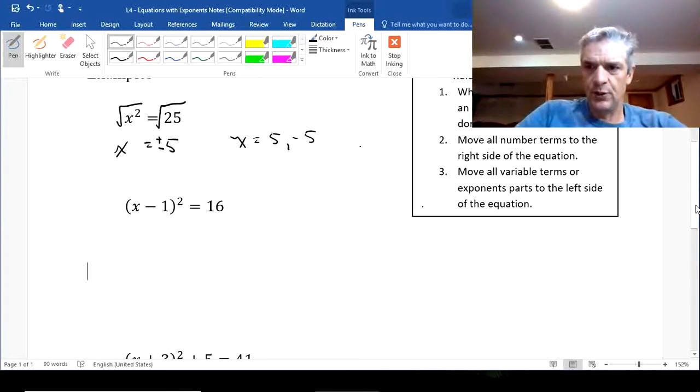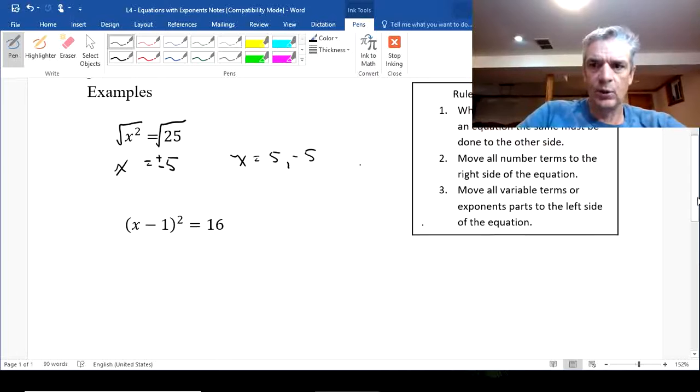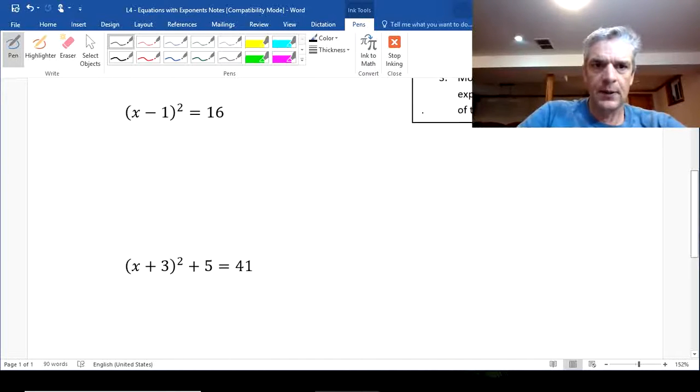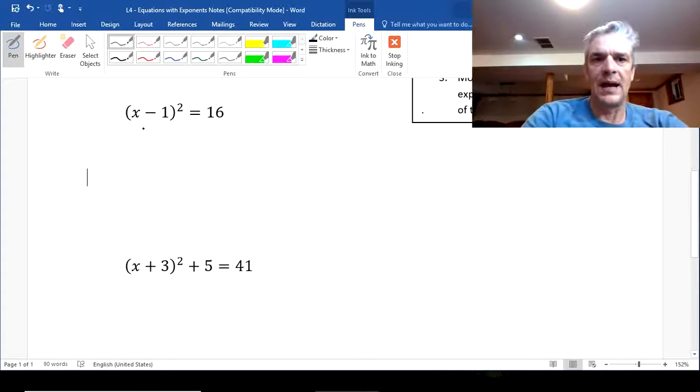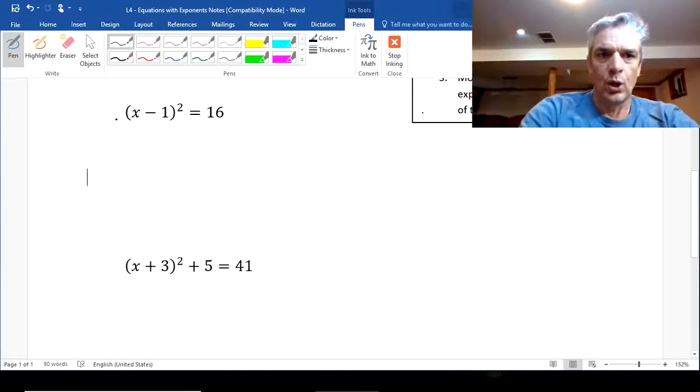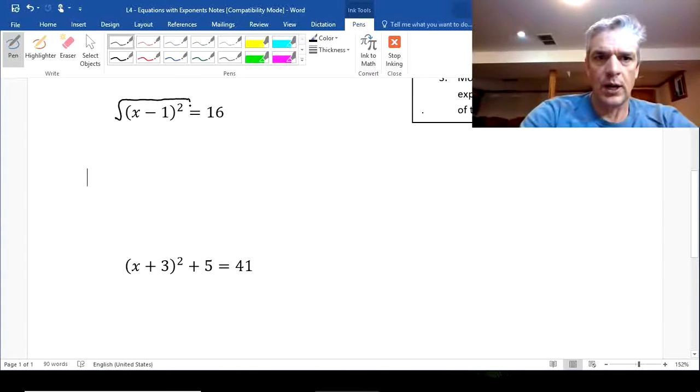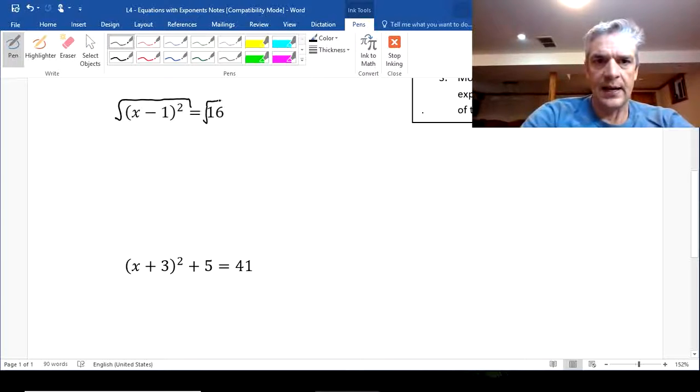We're going to move on and do the next question, which adds a little bit of complexity. We've now added a bracket component. The same basic rule applies. As long as everything is being squared, which it is, x minus 1 is entirely being squared, we can take the square root of it. So I'm going to draw my square root, and I often put a little line under it when it's a long thing.